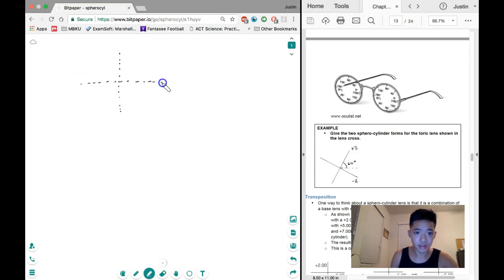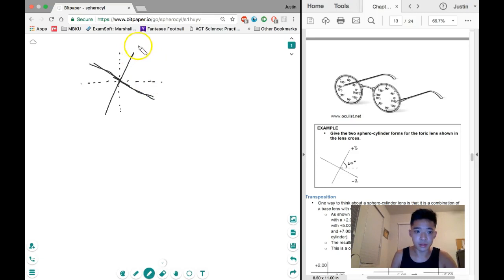So I like to have a dotted line. Some people can draw crosses without the dotted lines, but I always like to have them. The dotted lines just represent 90 and 180, and then I'll try my best to draw the appropriate cross. The more accurate, really, the better.